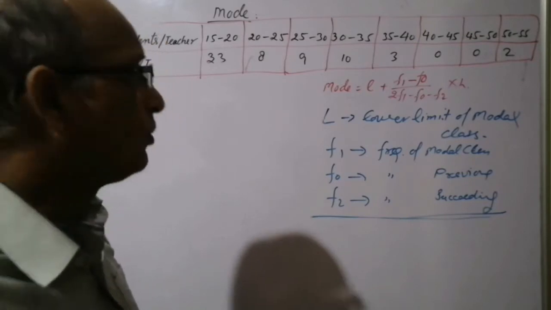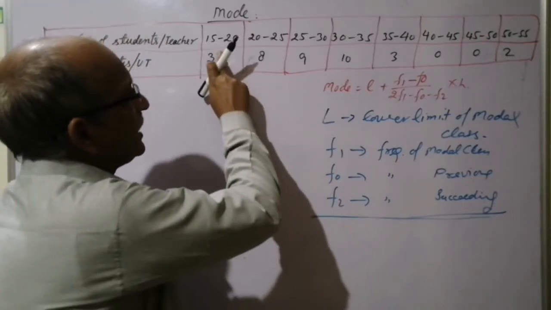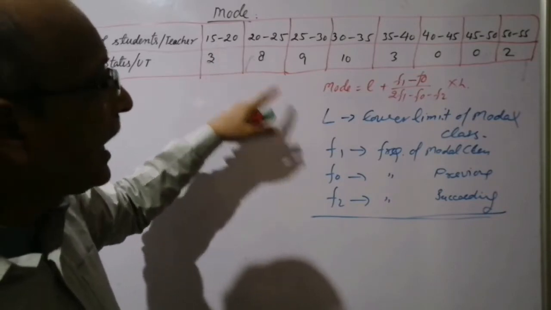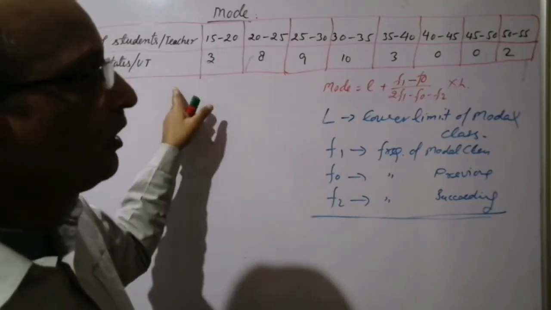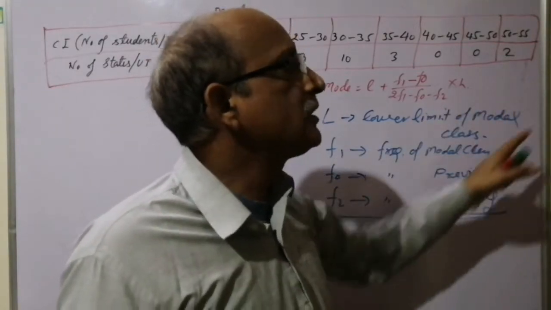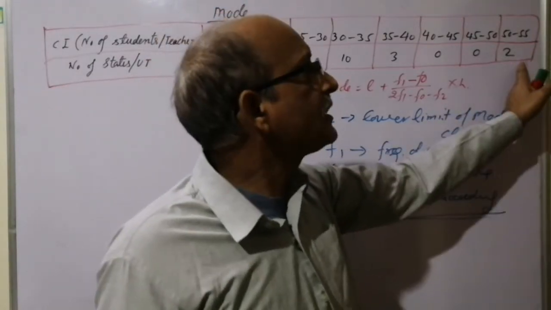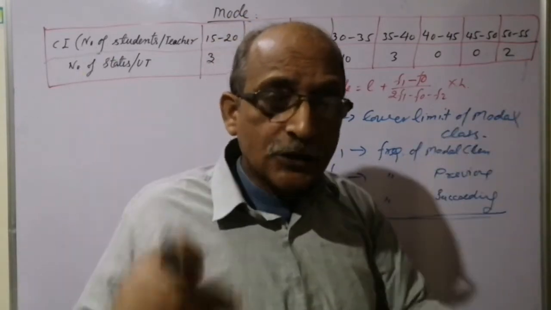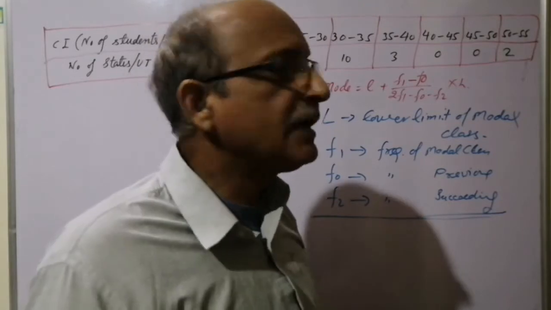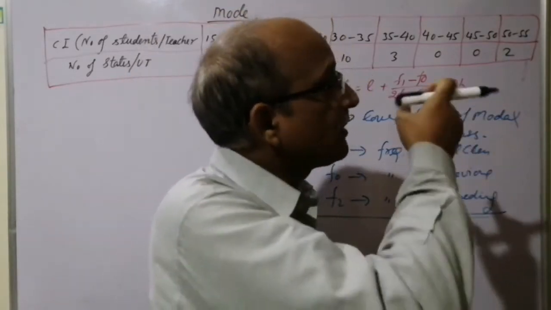In that case, when the first class is the modal class, F0 will be 0. When the last class is the modal class, then F2 will be 0. Because after this there is no class, so we can assume the class 55 to 60 has frequency 0. That's why that is not mentioned here.